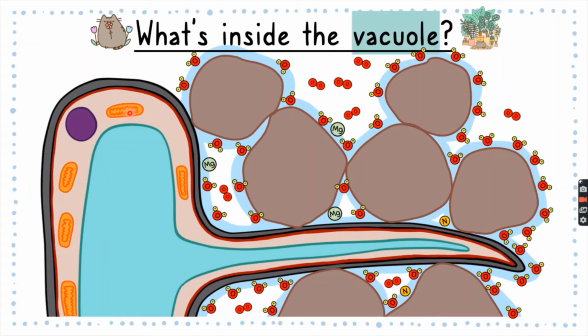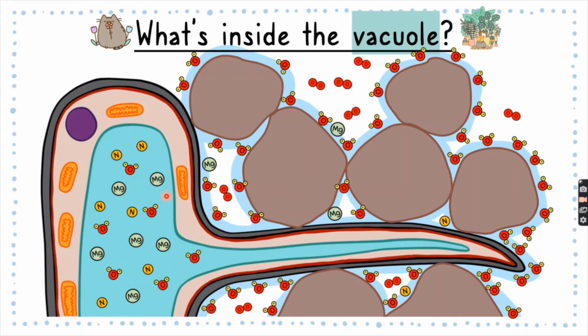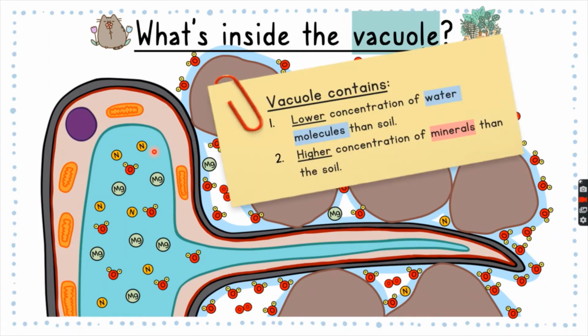Alright, so what's inside the vacuole? This right here in the middle is the vacuole. The vacuole even extends, so that extension in the root hair itself also has a vacuole right there. What's inside it? The vacuole's main function is that it is an organelle that stores water and minerals that the plant cells need.